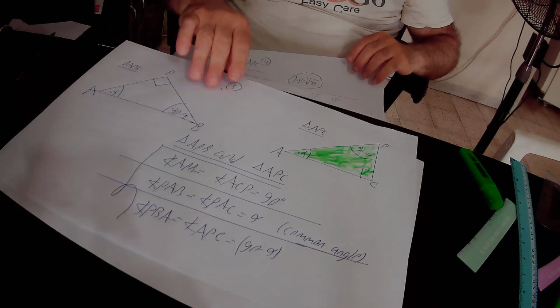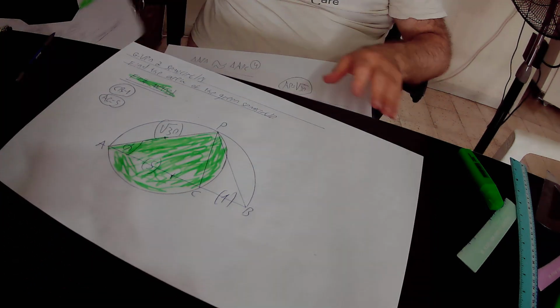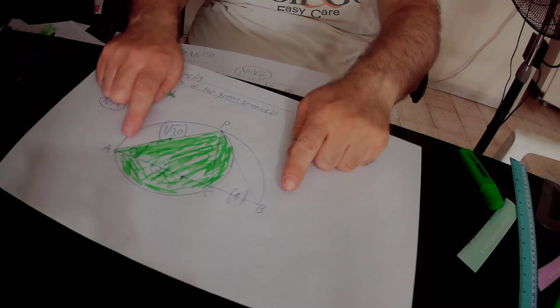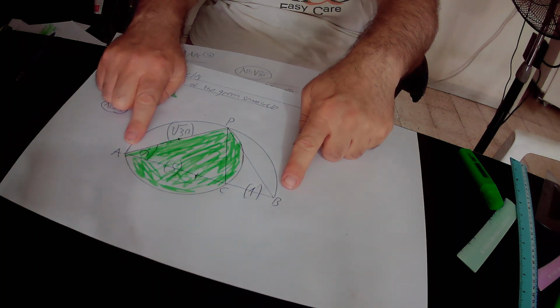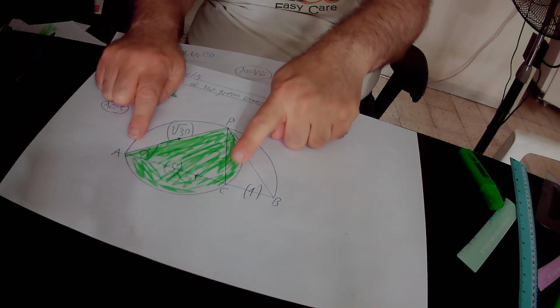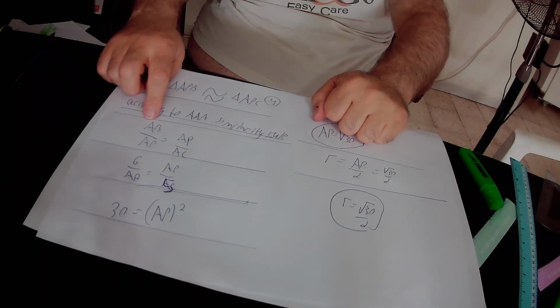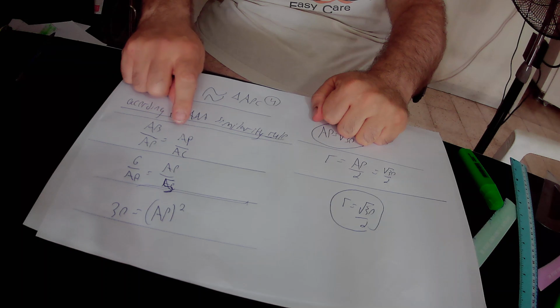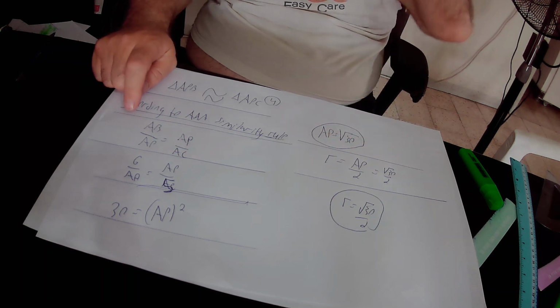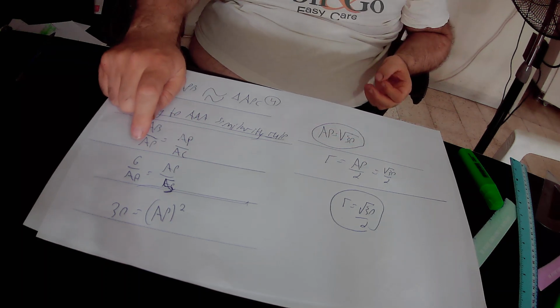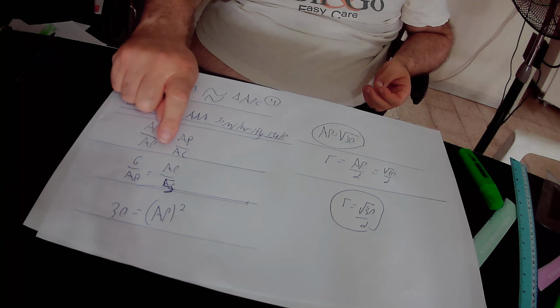AB is 5 plus 1, that is 6, and AC is 5. So we substitute AB by 6 and AC by 5, and find that 6 over AP equals AP over 5.